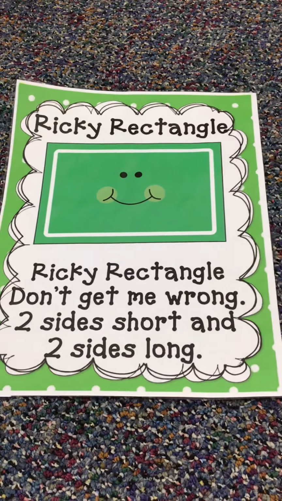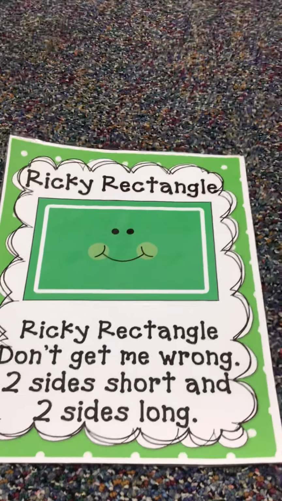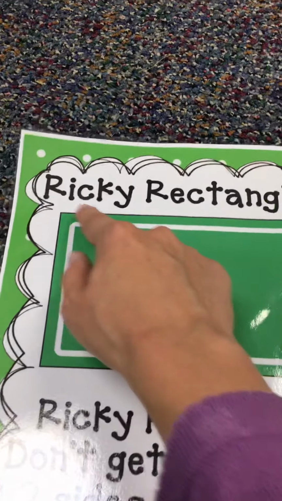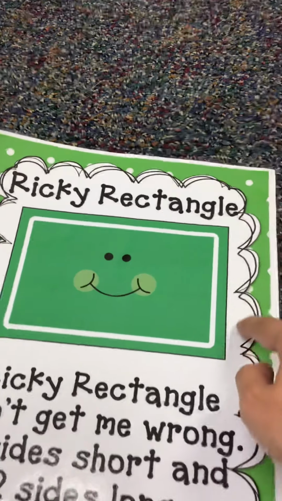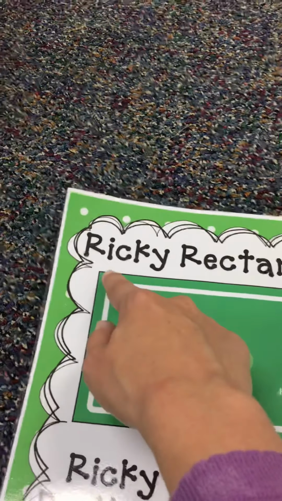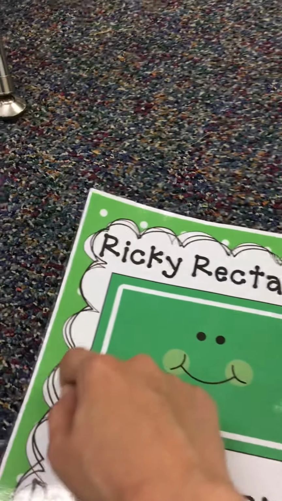Ricky Rectangle, don't get me wrong, 2 sides short and 2 sides long. So our long sides are here and our short sides are here. And let's count how many sides all together. 1, 2, 3, 4.